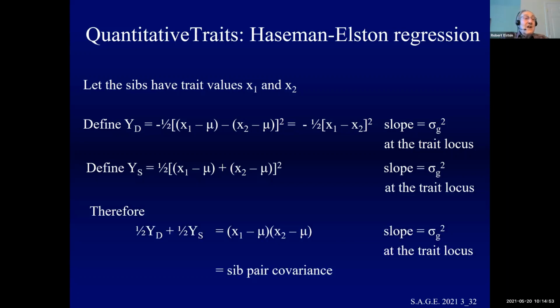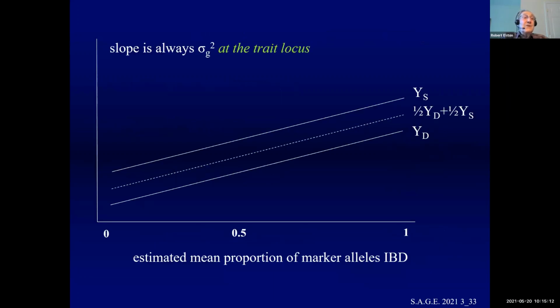So if you take half of YD plus half of YS, the slope is again sigma squared G at the trait locus, and this is the SIB pair covariance. So it doesn't matter which one you plot. If you have the right values, you'll get the same slope.